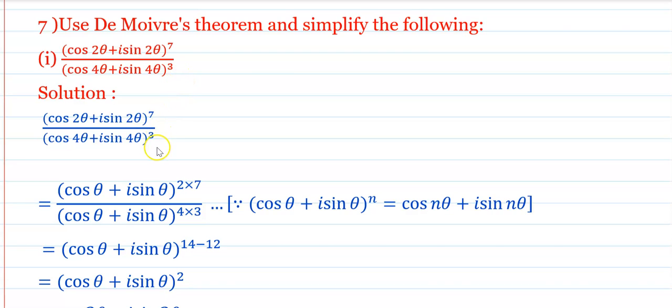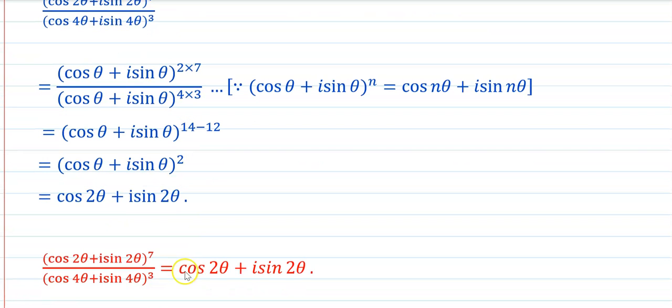Now we will apply De Moivre's theorem. This 2 we take in the power, 7 into 2, and next (cos θ plus i sin θ) to the power 4 into 3. Then you get 2 into 7, 14, and 4 into 3, 12, and 14 minus 12 gives 2.